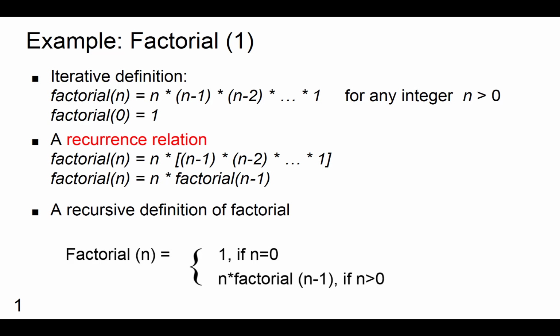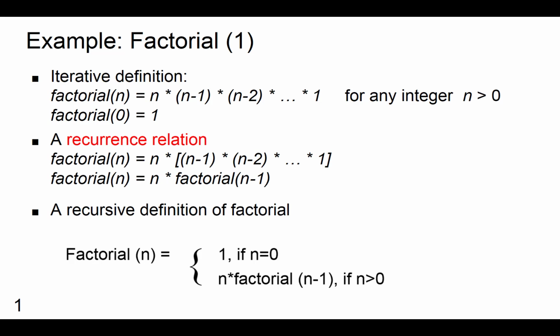So we can represent factorial n with n times factorial n minus 1. That is called a recurrence relationship. We recursively define the original problem with smaller identical problems.